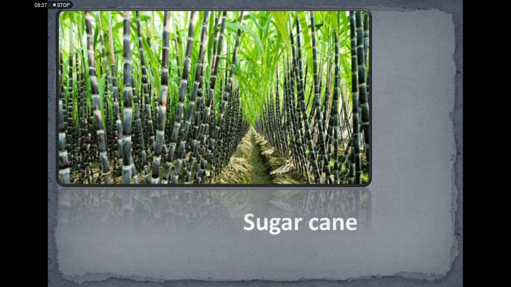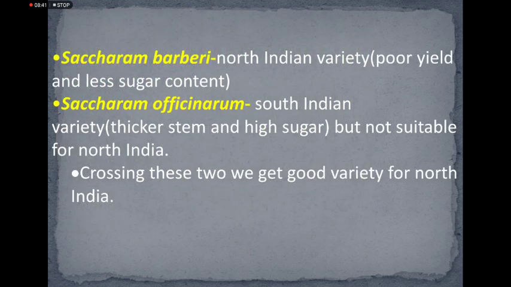Then the next one is sugarcane. In the case of sugarcane, there are two varieties, Saccharum barberi and Saccharum officinarum. Saccharum barberi is a North Indian variety. It has poor yield and less sugar content, while Saccharum officinarum is a South Indian variety. It has a thicker stem and high sugar, but is not suitable for North India. That means some genetic factors allow Saccharum barberi in North India and Saccharum officinarum in South India.